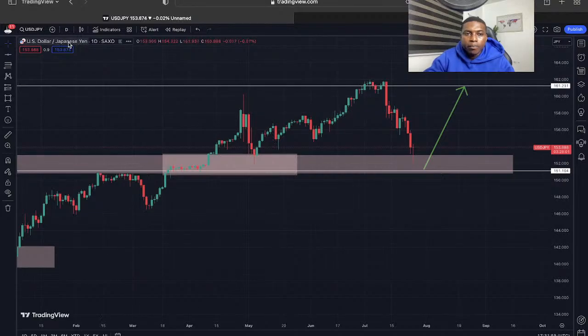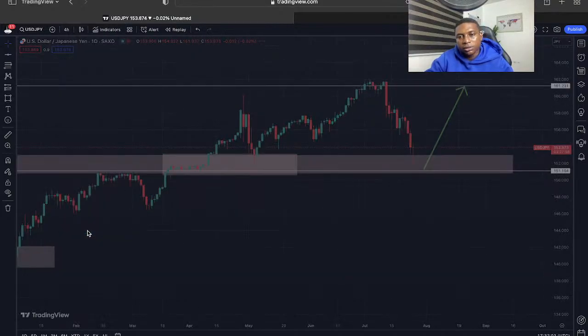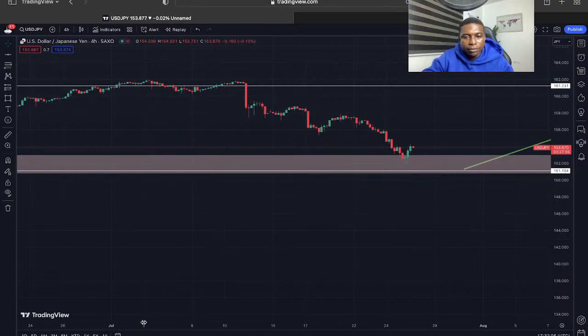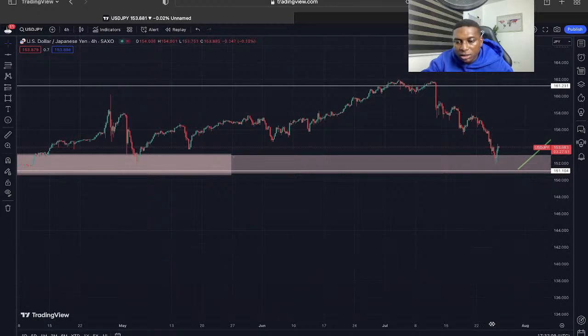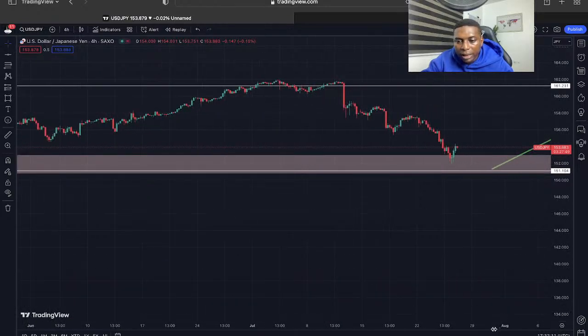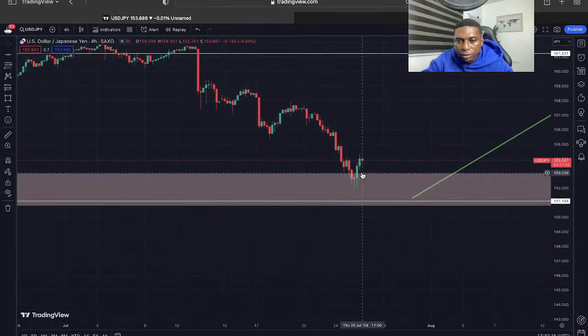So let's look at the 4 hours time frame. We can equally see the buy momentum coming in at this level.